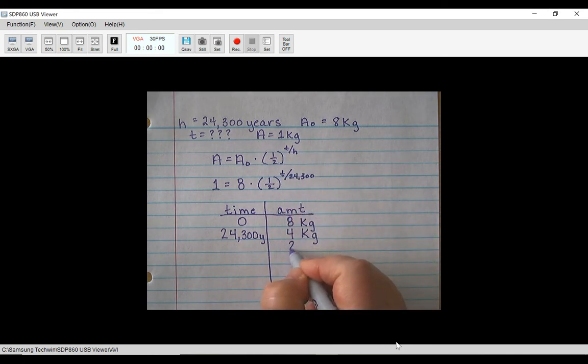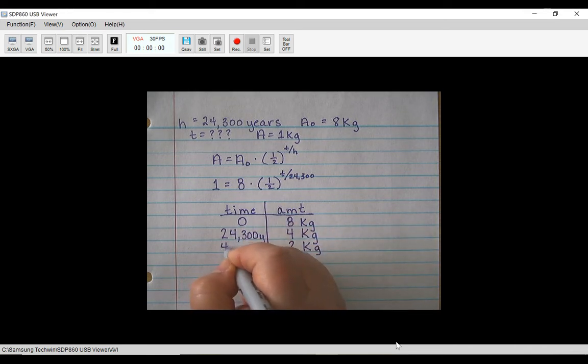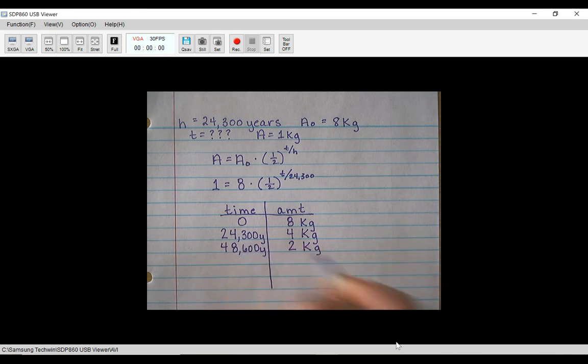Half of 4 is 2, but that's going to take another 24,300 years. So if I add another 24,300 years, this is going to be 48,600 years. And then I'm going to half this again. Half of 2 is 1 kilogram.